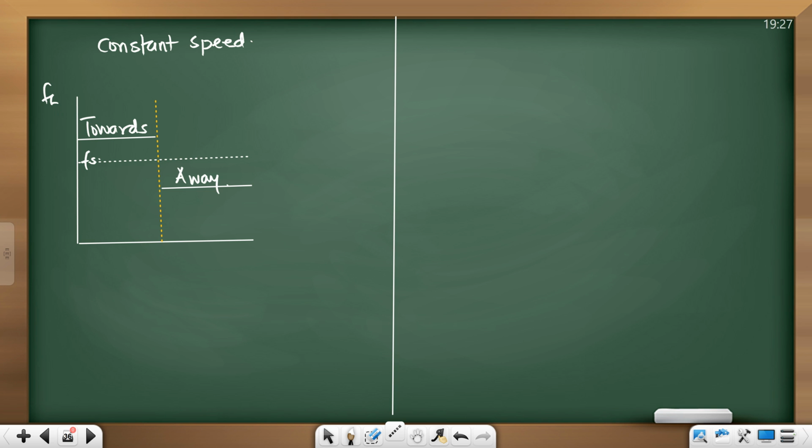But what happens when the object is accelerating or decelerating?